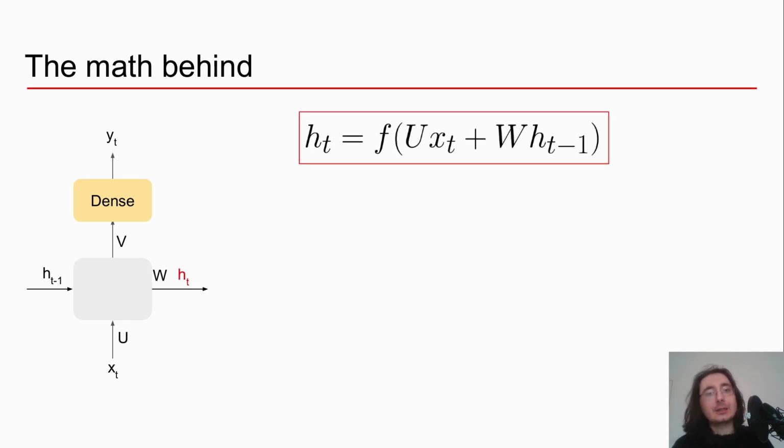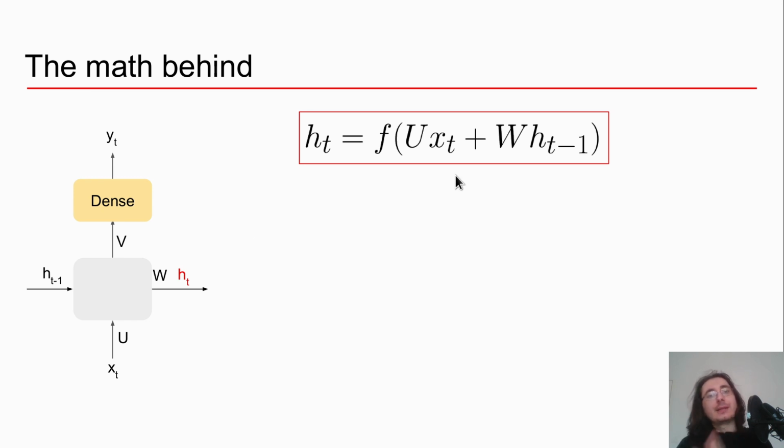Okay, so let's calculate first of all ht, which is the state vector at the current time step, at t. For doing this, we have an activation function, which in a simple RNN is just tanh.